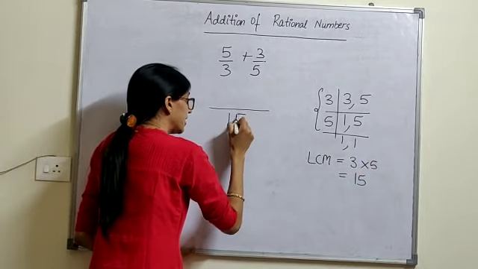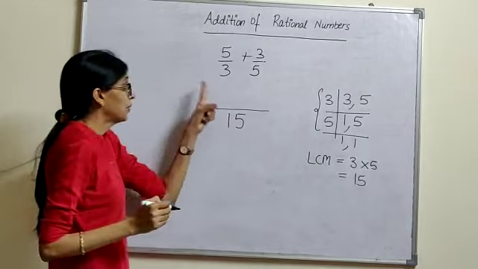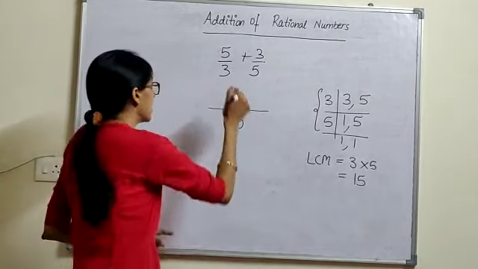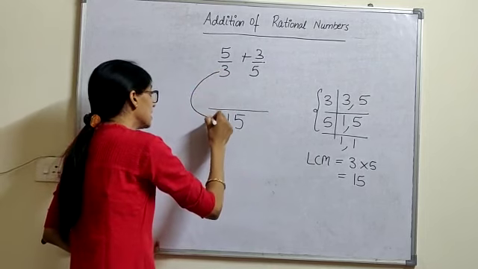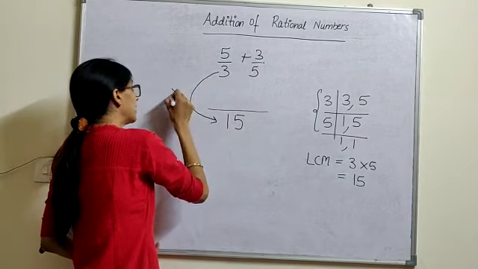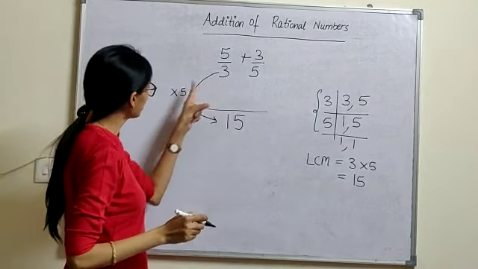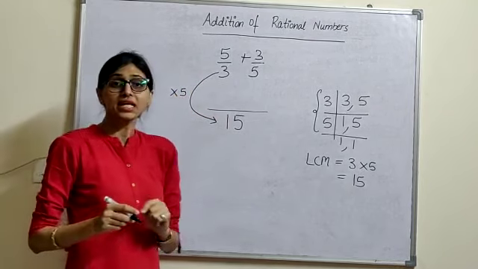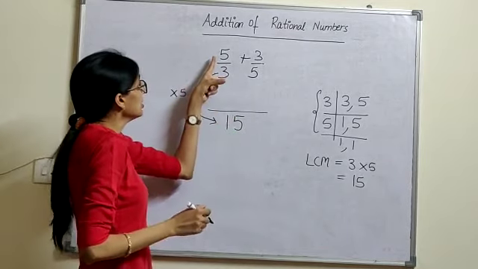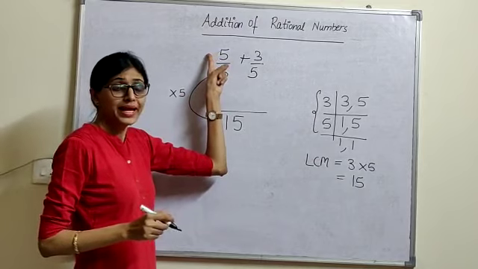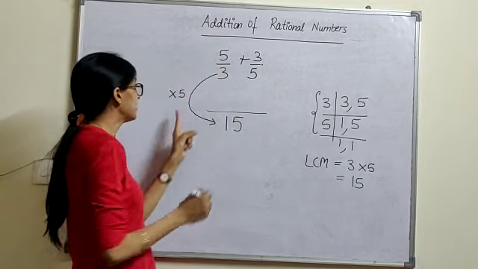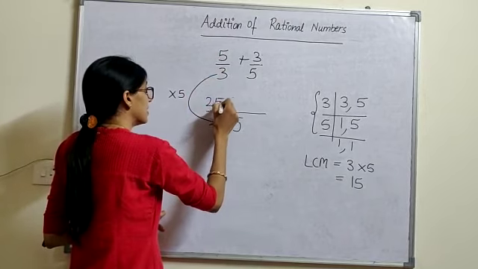15 is the LCM of these two numbers. Now write 15 over here. Now how you have to put numbers over here? First see this lower number, this denominator. When 3 is multiplied by 5, 15 comes. 3 5s are 15. So the upper number, the numerator, is also multiplied by 5. 5 5s are 25, plus.